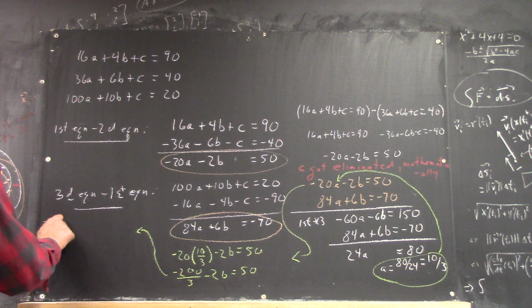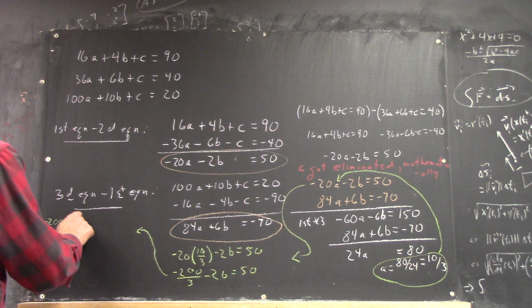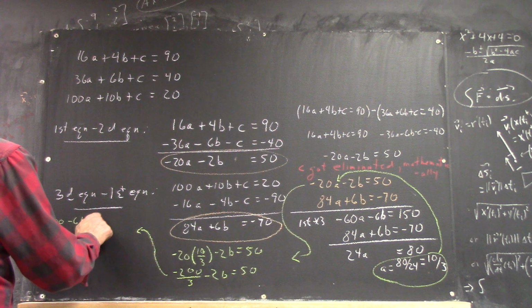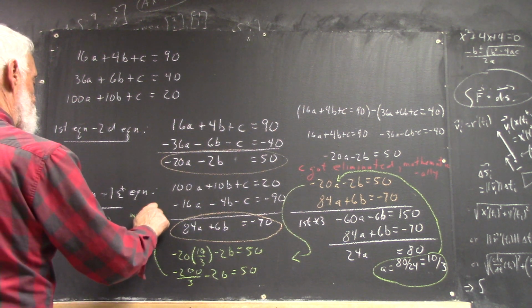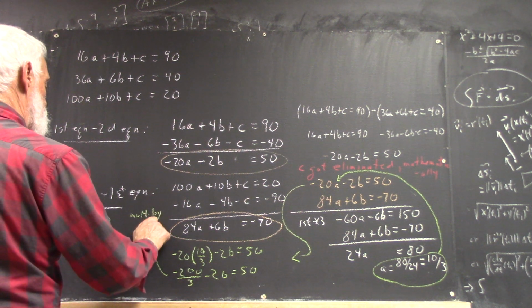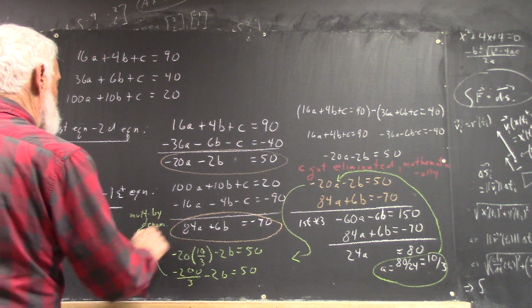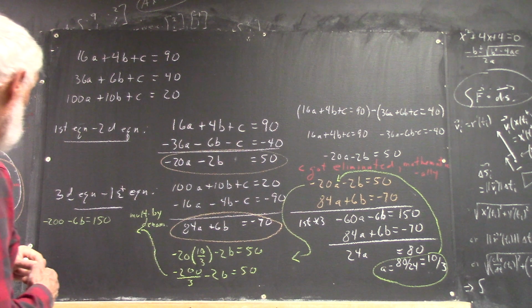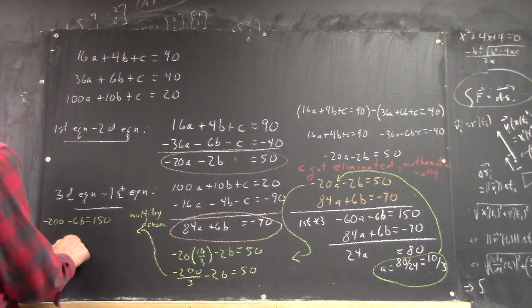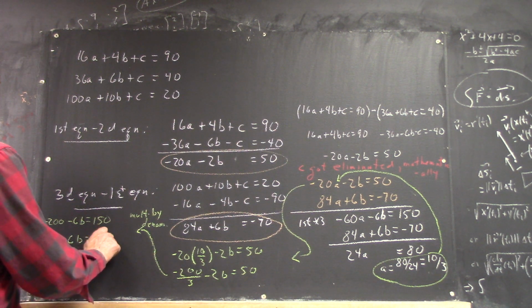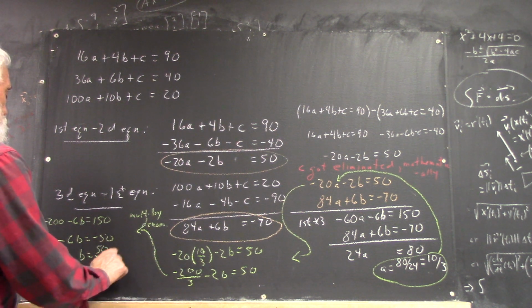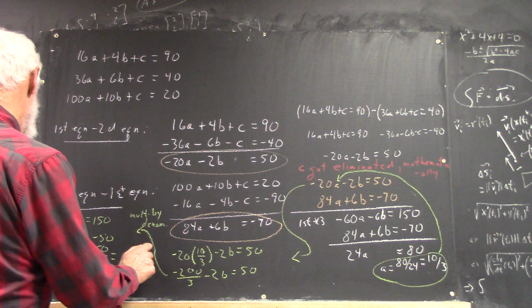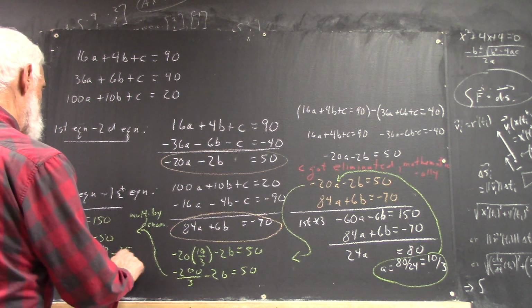I get negative 200 minus 6b equals 150. Multiply by the denominator, a thing I've been nagging you to do for a long time. And now we can solve for b. We get negative 6b equals negative 50. b equals 50 over 6, which reduces down to 25/3.